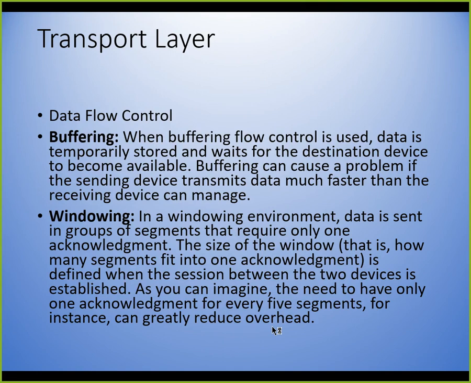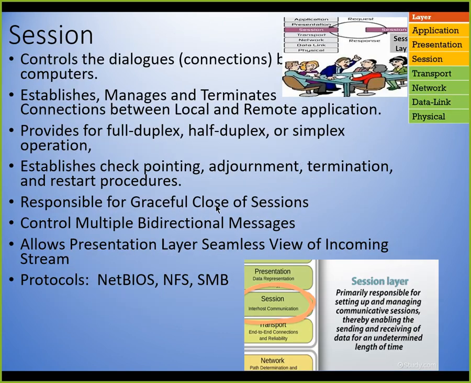So windowing: data is sent in groups of segments, and only one acknowledgement is required when we get there. The size of the window, how many segments, is defined when the session between the two devices is established. When we do the startup, we establish that. Transport layer, quite a bit going on there.